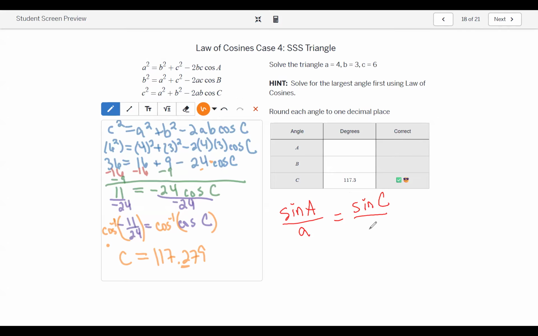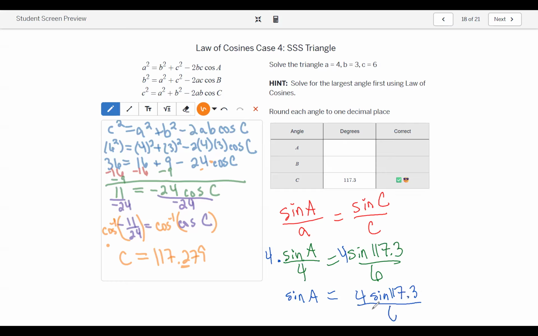Sine of angle C over side C. So we multiply by the 4 on both sides.